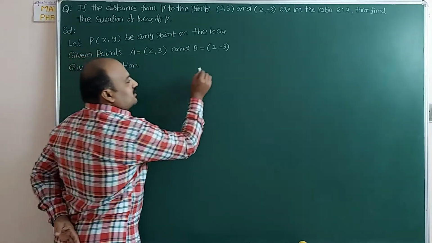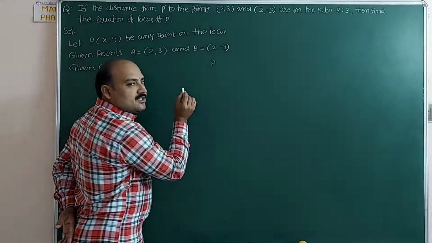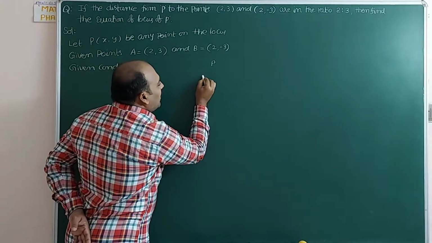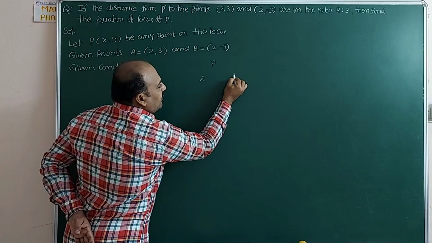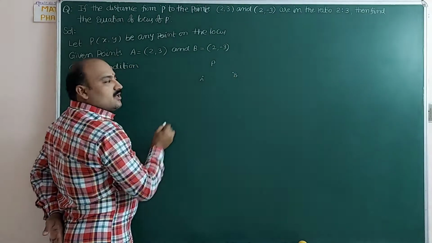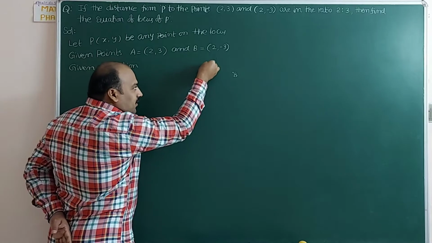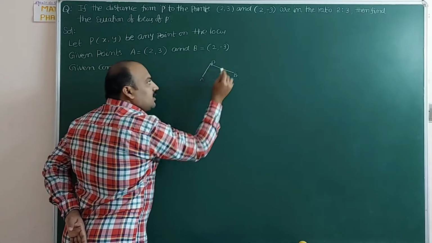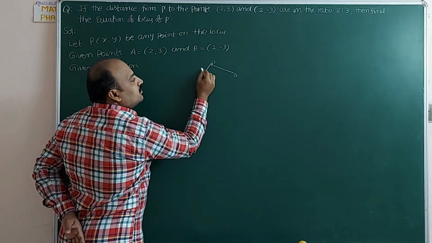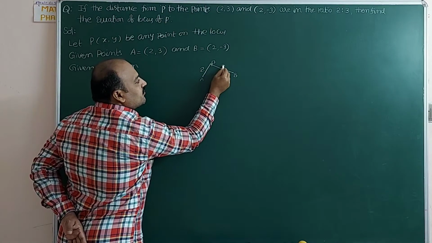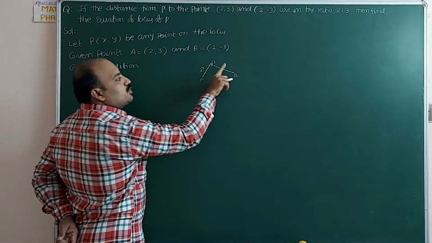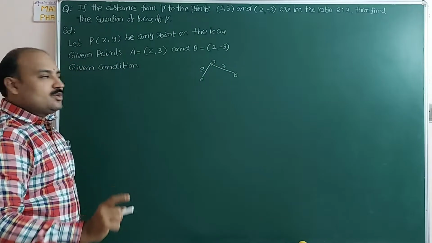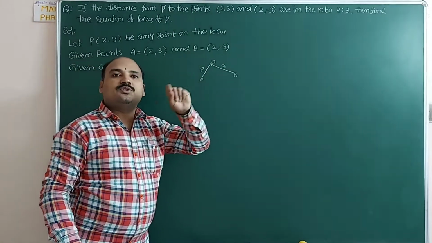That means, a rough figure: P is the locus point, and A will be here and B will be here. The ratio of distances from P to A and from P to B is 2 is to 3. Remember, dear students, 2 is to 3.